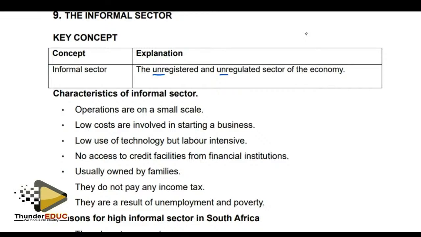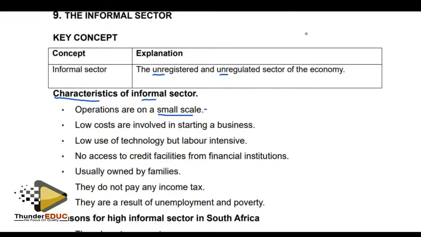Now, let us look at the characteristics of the informal sector. What is it made of? Operations are on a small scale, meaning most of the businesses under the informal sector are on a smaller scale.